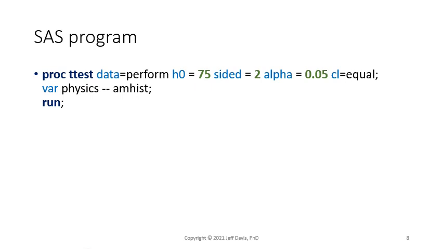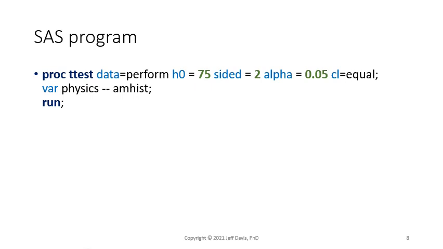Now that last option that I put in there, CL, confidence limit. I want SAS to create a confidence limit around each of the estimates from my sample, and I want to see if that confidence limit contains the value of 75.